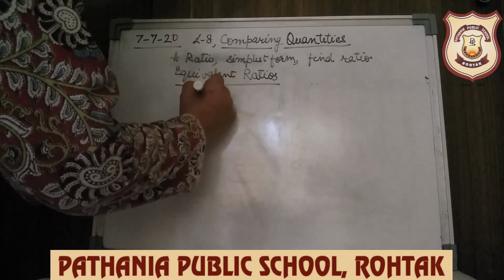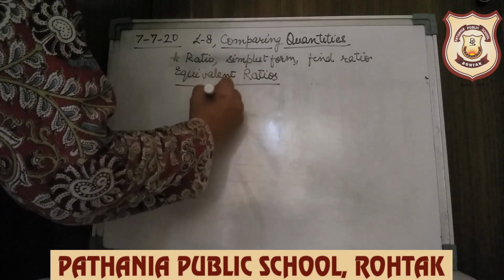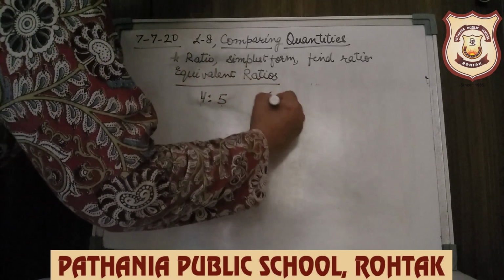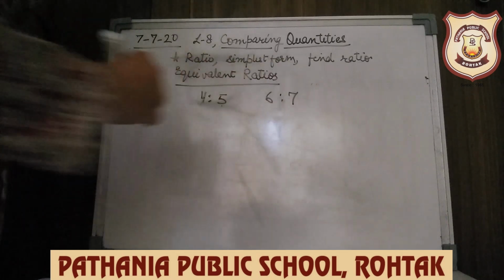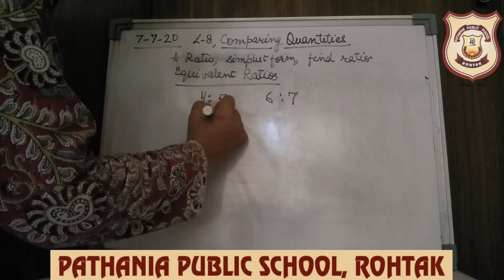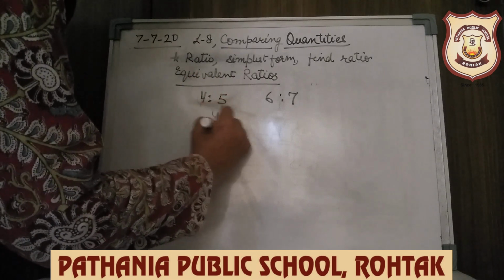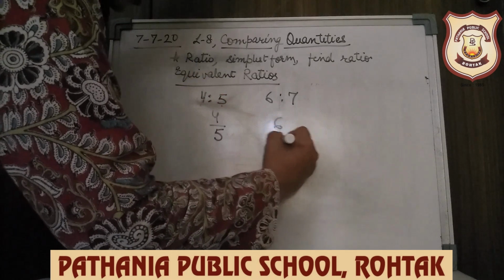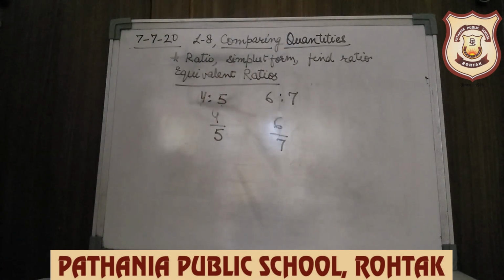Suppose I take one ratio as 4:5 and the other as 6:7. Now for the ratios 4:5 and 6:7, first convert them into fractions. I can write 4/5 and 6/7. Is this clear?